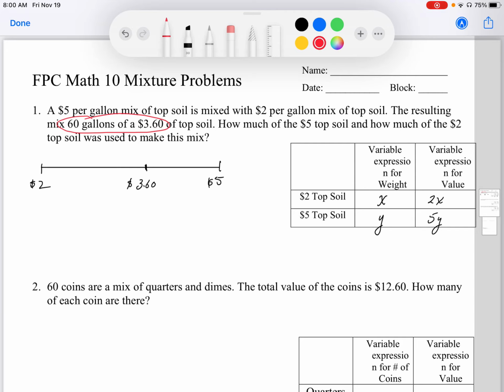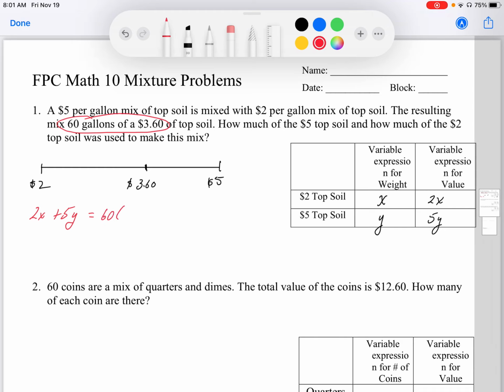So I'm going to come up with an equation here. I have 2x, the value of the $2 topsoil, plus 5y, the total value of the $5 topsoil, should be equal to the total value of the 60 gallons of topsoil. So I'm going to do $3.60 times 60 gallons, and that's $216.